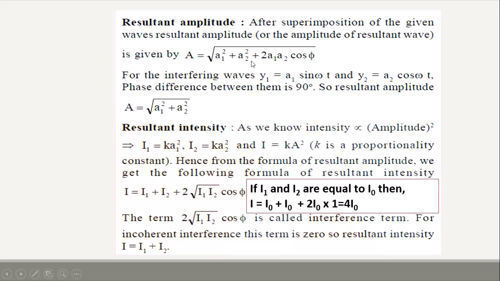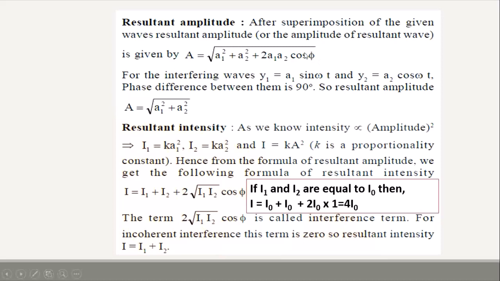Then after superimposition, there will be a resultant wave with a certain amplitude capital A, which should be calculated using this formula: root of a1 square plus a2 square plus 2 a1 a2 into cos phi, where phi is the phase angle, the phase difference.